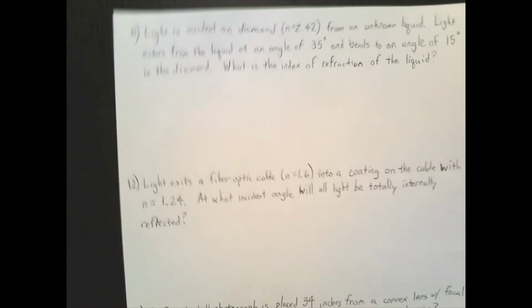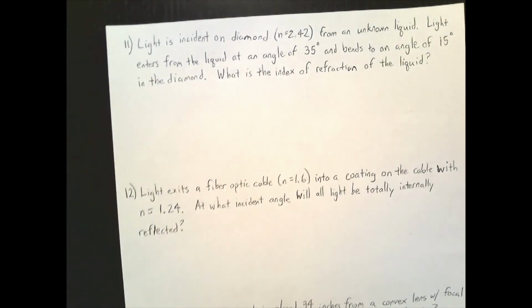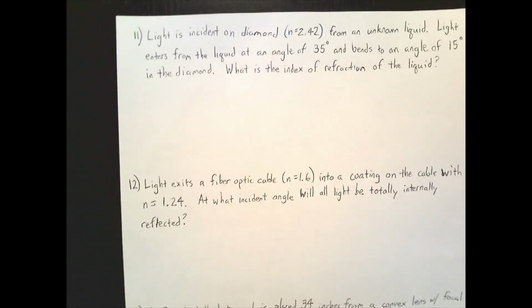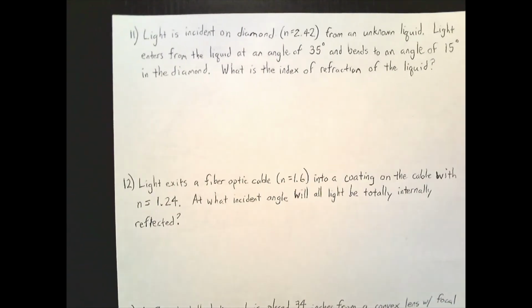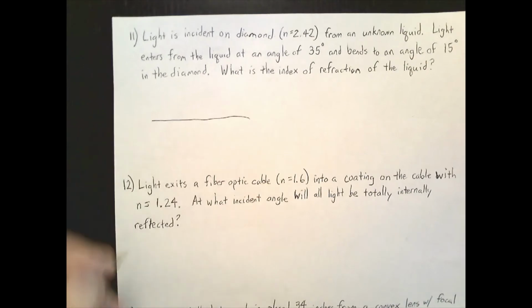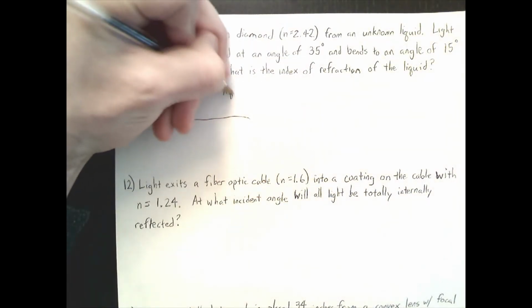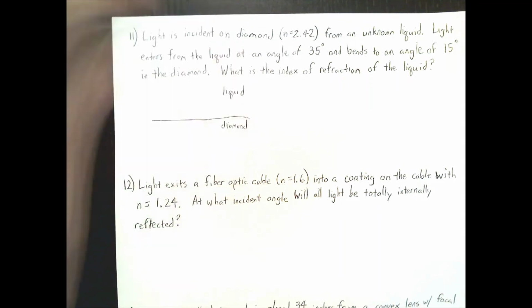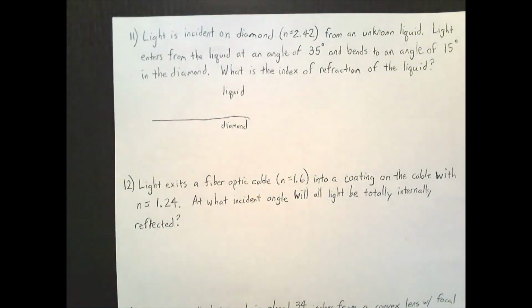All right. Moving on to the free response type problems. This is what you should expect in the not multiple choice part of the test. So here we have light incident. It's coming into diamond from an unknown liquid. So we have a liquid up top and we have diamond down at the bottom. Remember, pictures are going to make this a lot easier to think about.